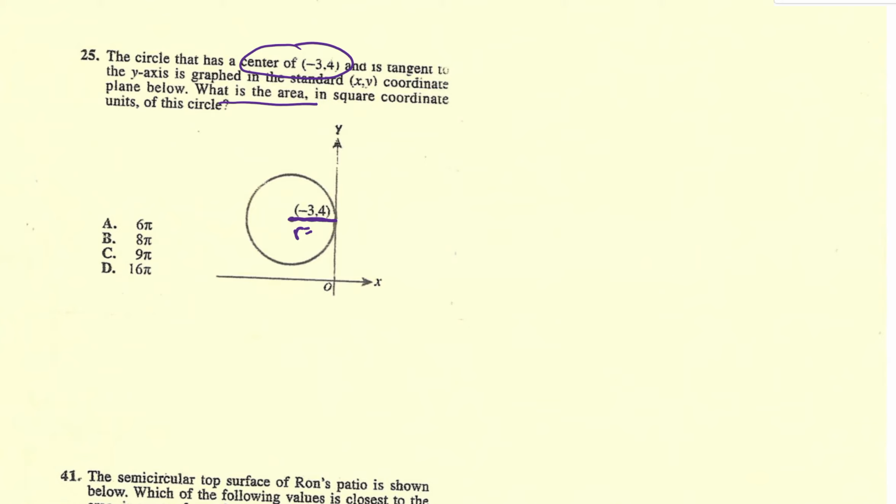Well, what you know about ordered pairs is that if I'm going to be at the ordered pair -3, 4, I had to go backwards 3 and up 4 to get to that point right there. So that means this radius went out 3 units. So my area is pi times r squared, or 9 pi again, which is C. They gave it to us in pi form once again.